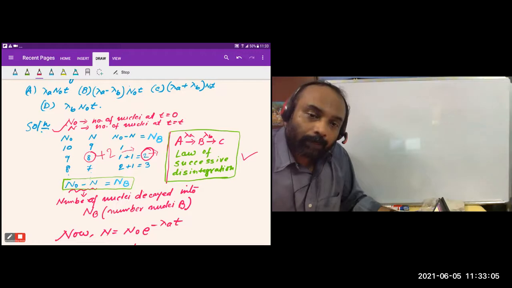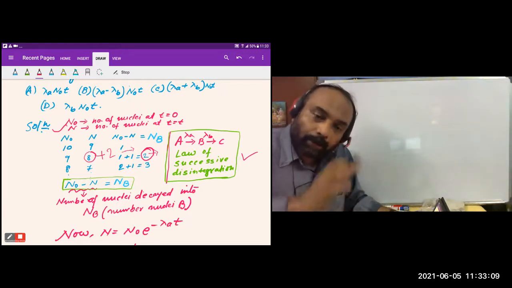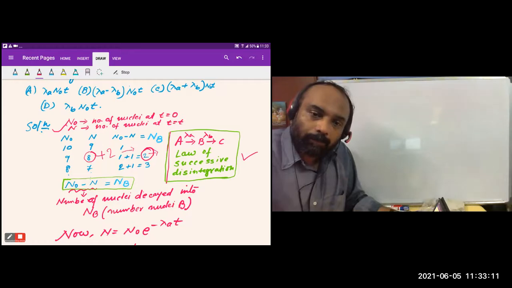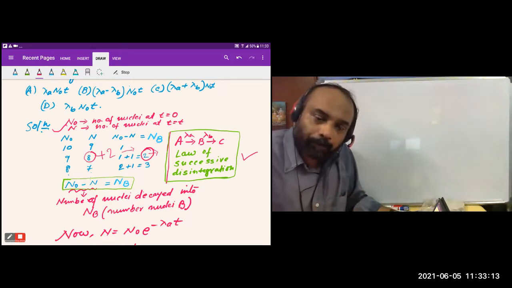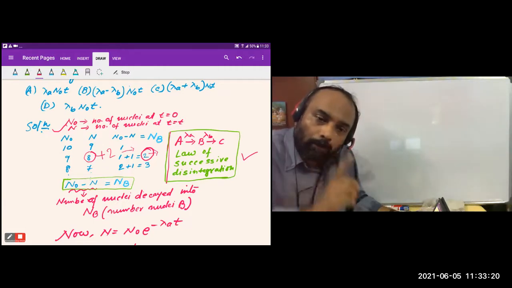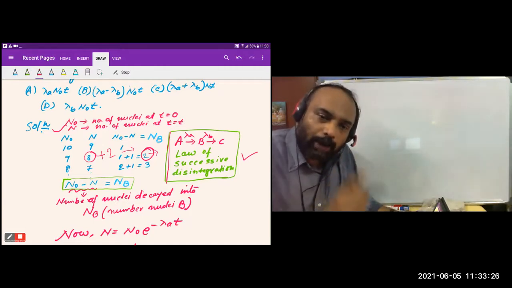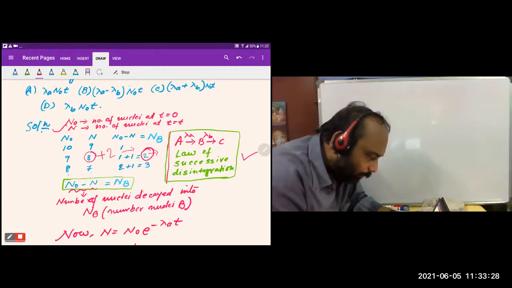Now my N0 is 8 for the case of element A. It decays 1 particle. So the number of nuclei at time t equals t of element A is 7.